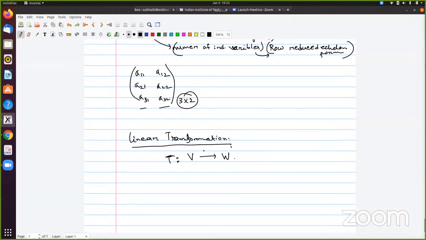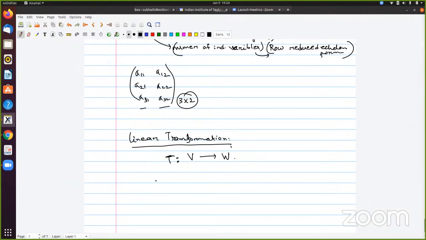Now, for a mapping, we just take some input from a set and give output in another set. But when we are dealing with vector spaces, there are two operations involved: one is addition, another is scalar multiplication. So in the mapping, somehow this has to be reflected. We have to take care of those.